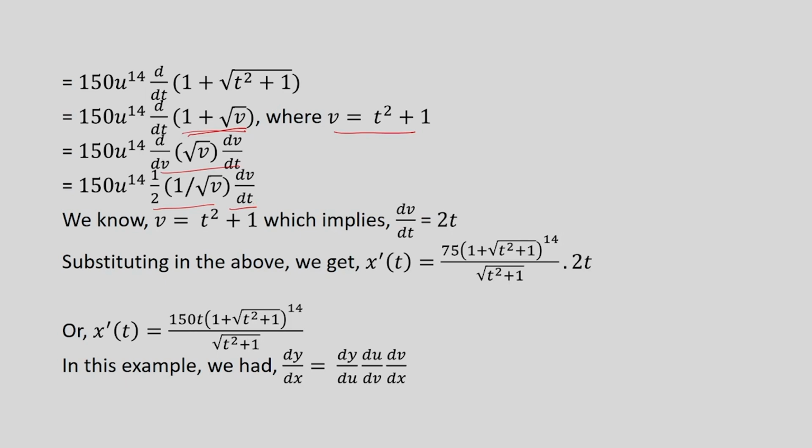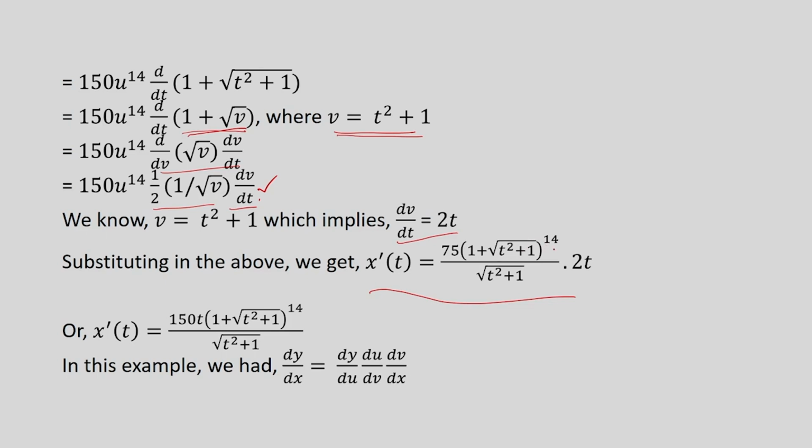Now, we have to find out what is dv dt. dv dt is not known to us. If I differentiate v with respect to t, again I use the power rule and I get 2t, and I substitute that back in this expression and I get x prime t is equal to, notice what I am doing here, 150 multiplied by half is 75, and then we have u to the power 14. I have just substituted back the expression for u here.